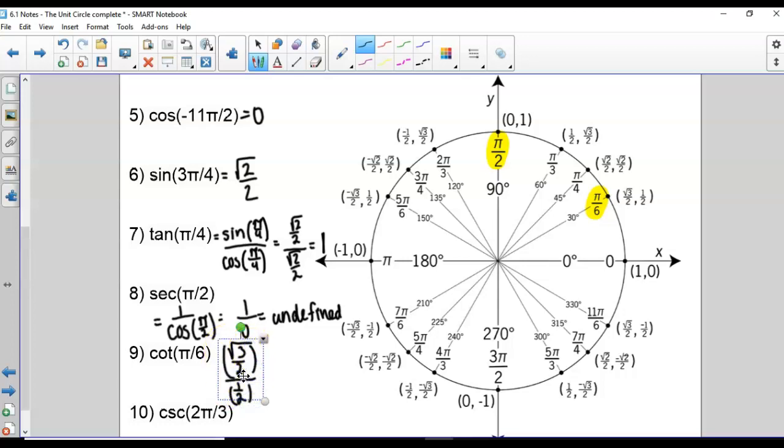So we get square root of 3 over 2 divided by 1/2. And dividing fractions is easy as pie. Flip the second and multiply. Those 2's right there will cancel, and we'll just have the square root of 3.